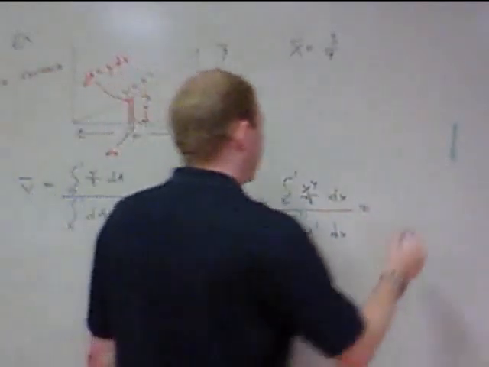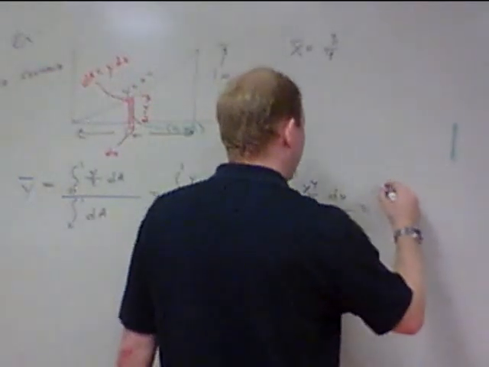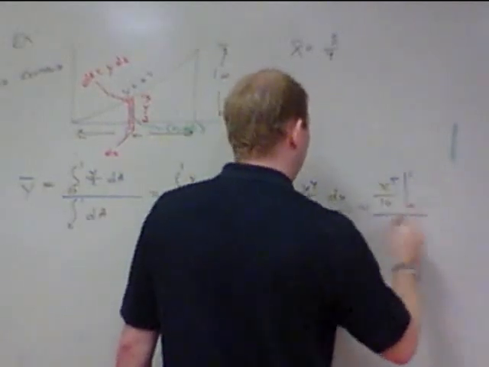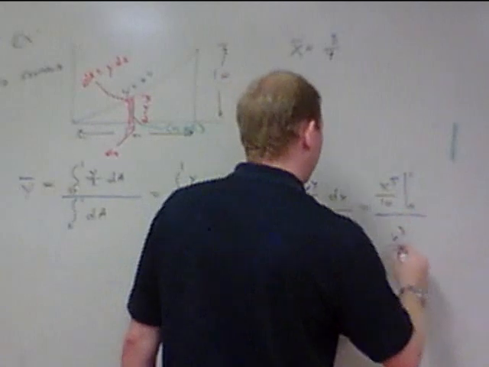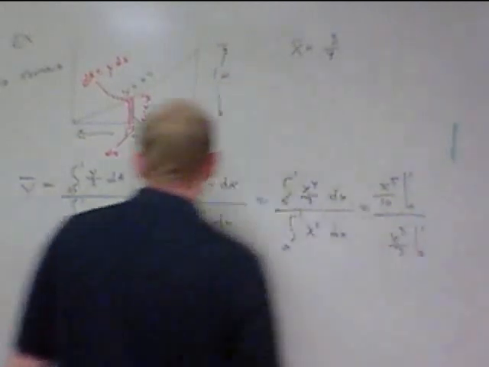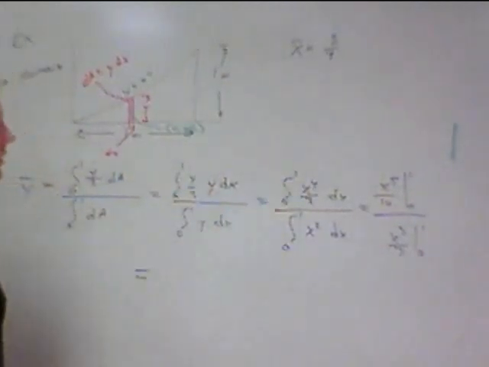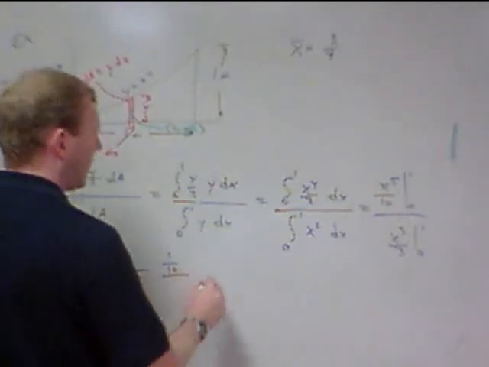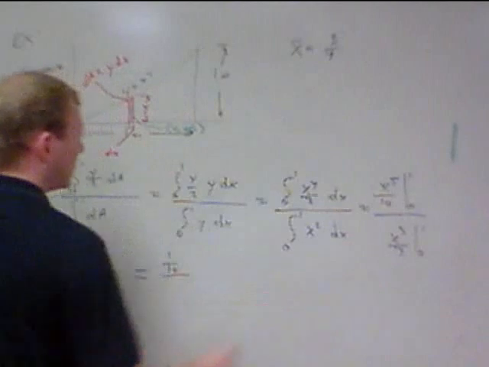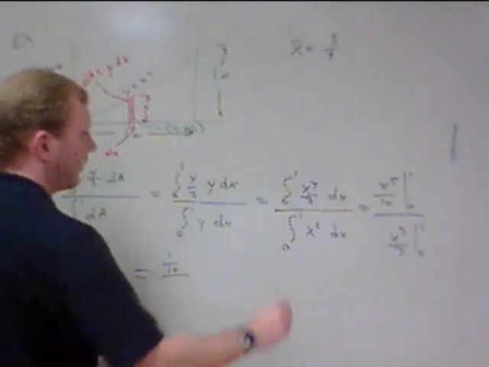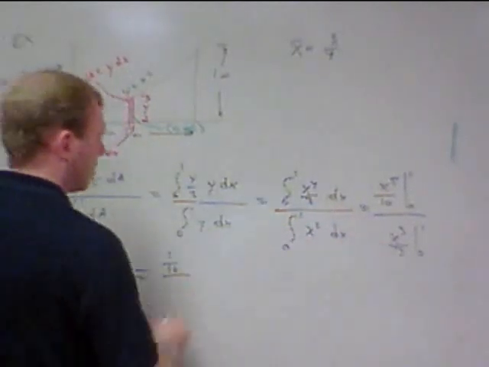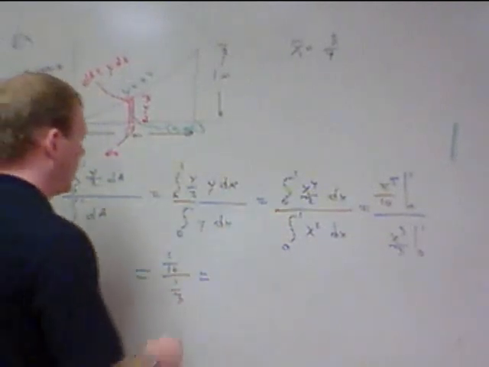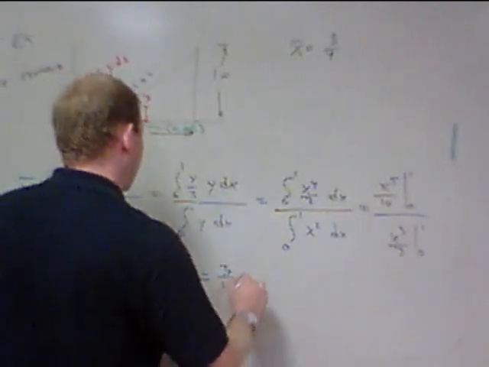Integrating this becomes x to the 5th over 10, and integrating from 0 to 1, the denominator becomes x to the 3rd over 3, from 0 to 1. This equals 1/10 divided by x cubed over 3, which is 1/3. This is going to be 3/10, or 0.3.